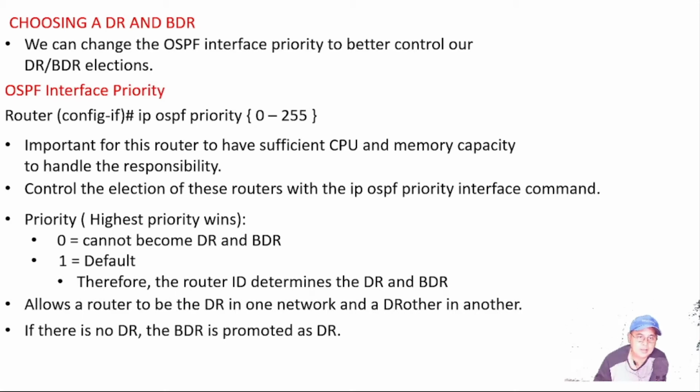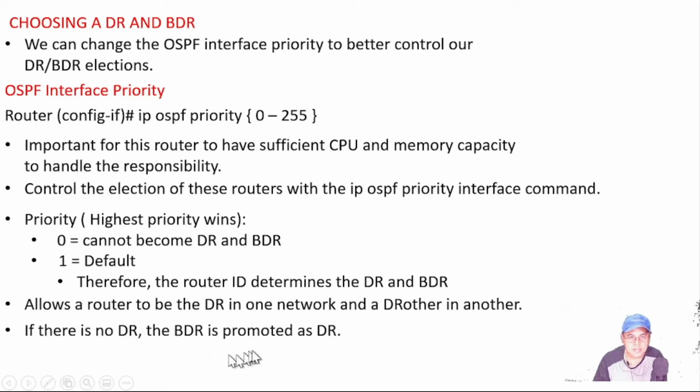So you can allow a router to be DR in one network and a different role in another by using the command IP OSPF priority and setting the priority to a higher number.